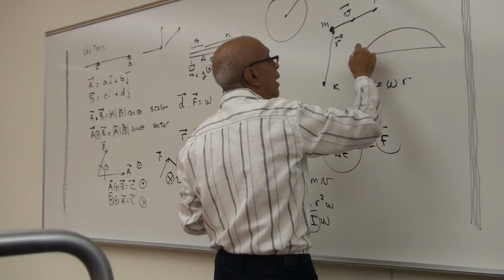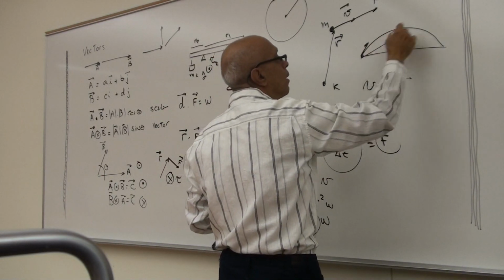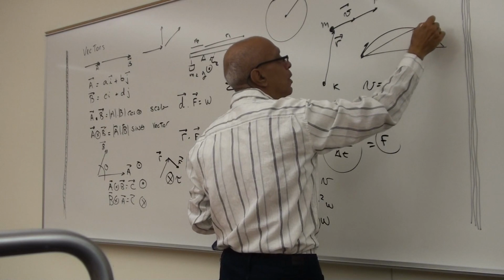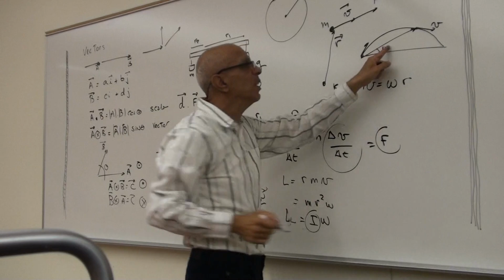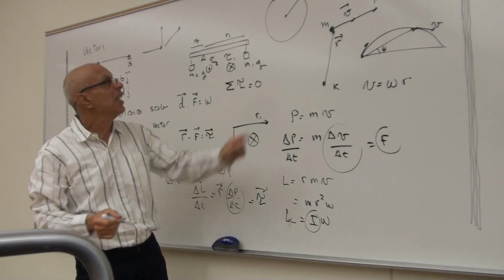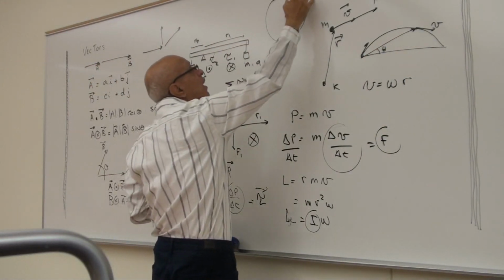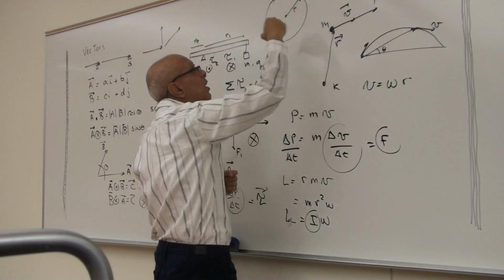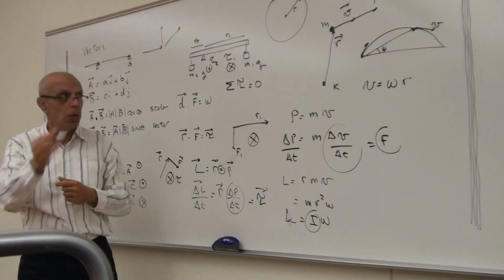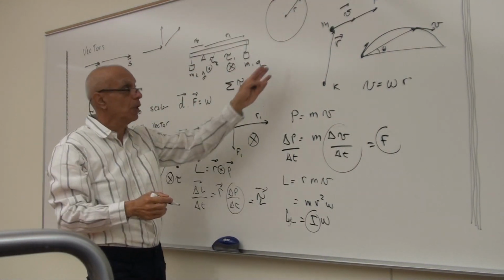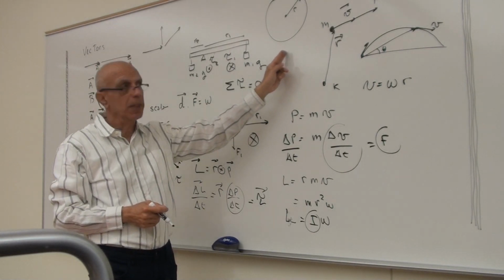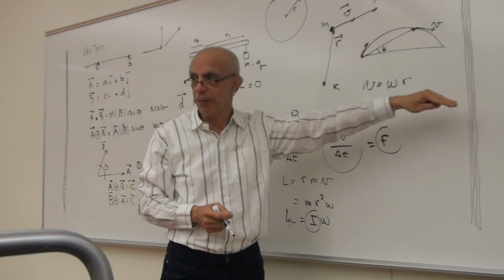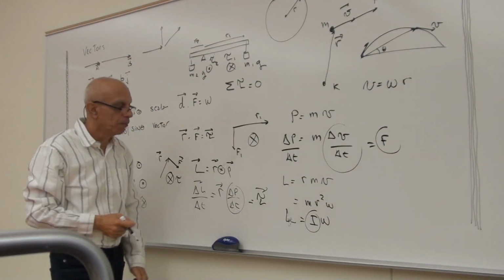Here, this position is going with this velocity, I have this angle, and this is the displacement. I showed that in the circular case the radius is not changing, so the angular momentum is conserved, and here it is changing.